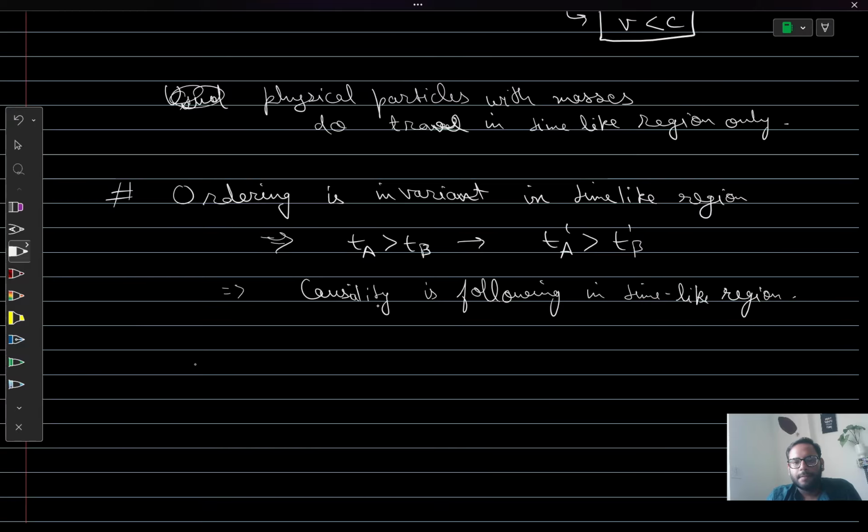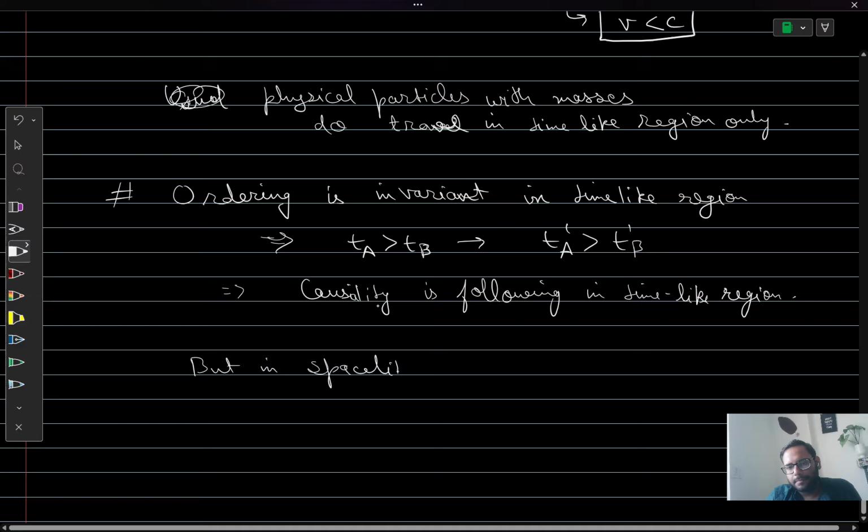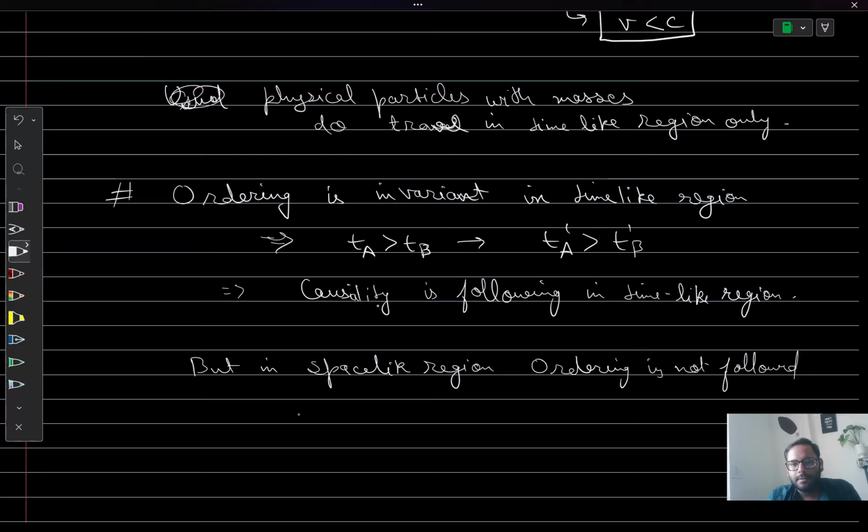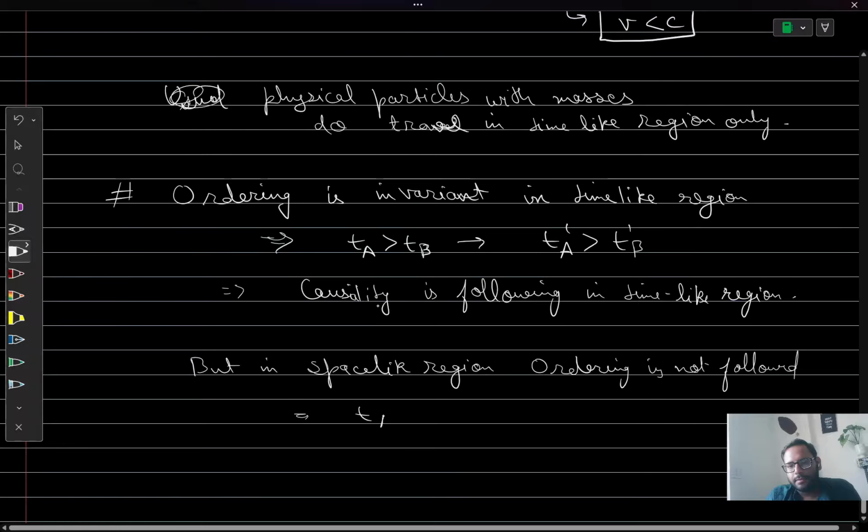But in the space-like region, ordering is not followed. It may happen that if it is this in S frame, then in S prime frame this is greater than this.